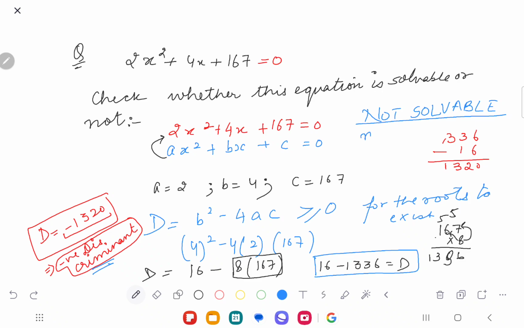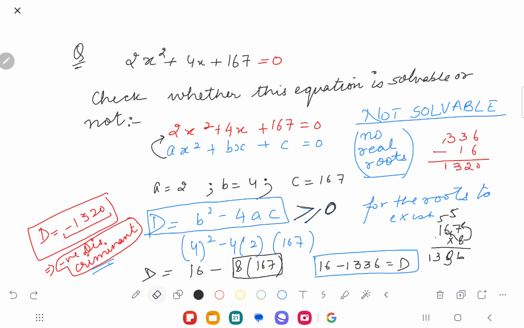Okay? So you will say no real roots. Simply say no real roots. Why? Because the discriminant, which is b square minus 4ac, is not greater than or equal to 0. Understood or not? Alright?